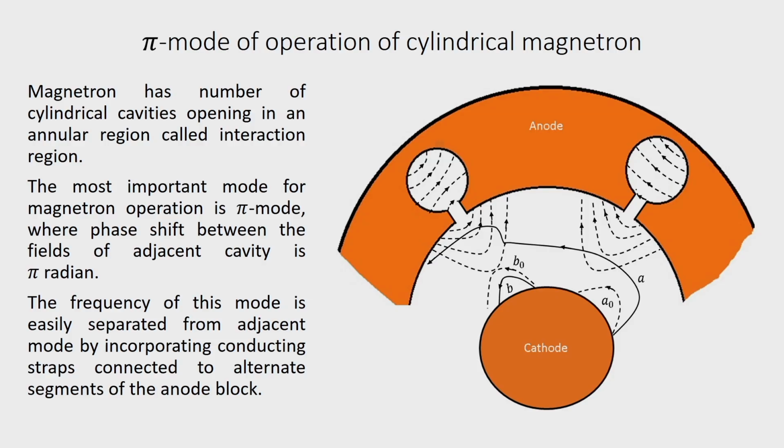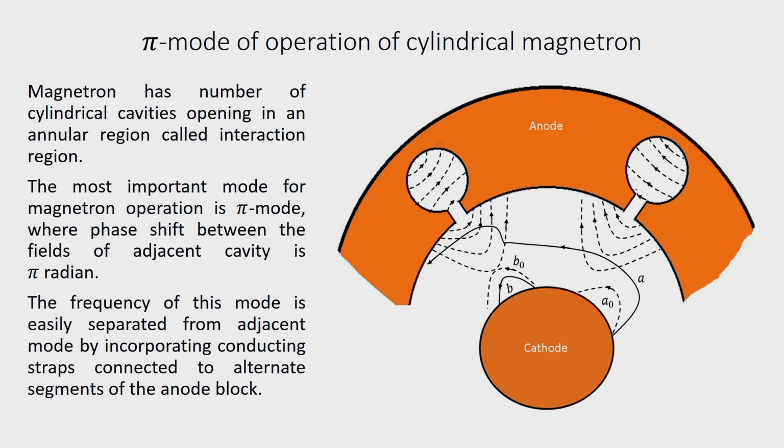Now, we qualitatively discuss a very important mode of operation of the magnetron, which is called pi mode.